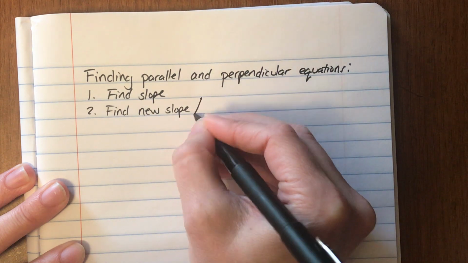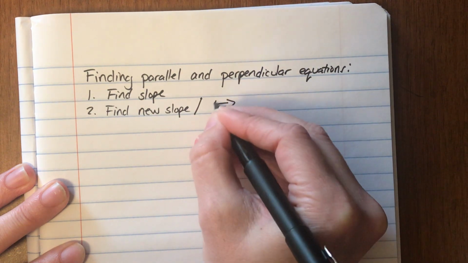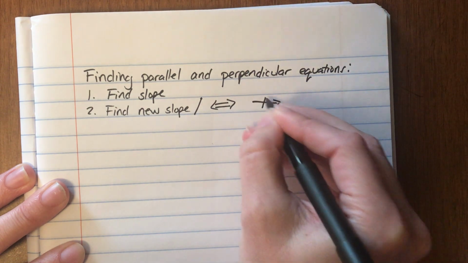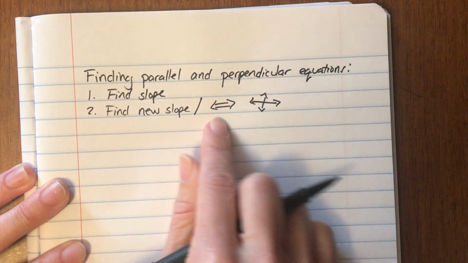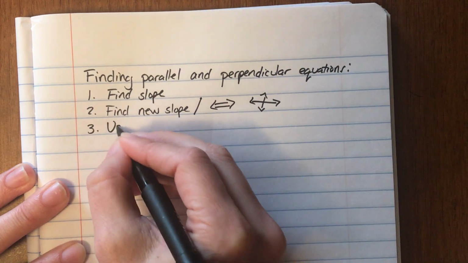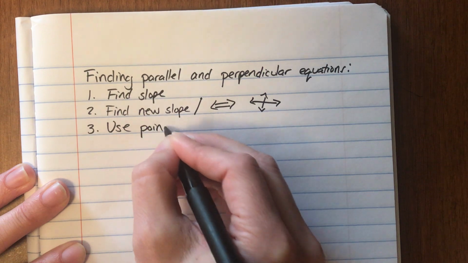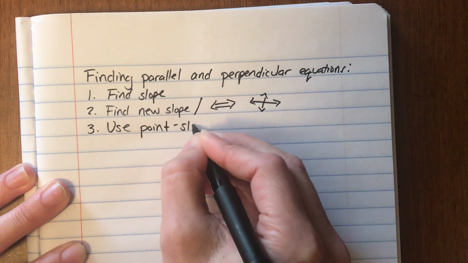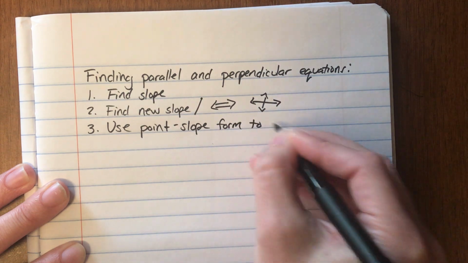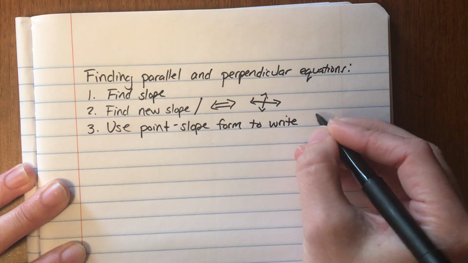And of course, that's either going to be parallel lines, or perpendicular lines. Find the new slope. Then we are going to use point-slope form to write the equation.